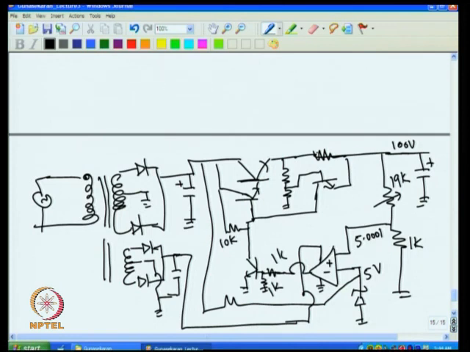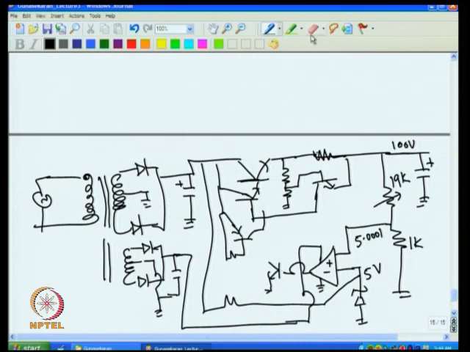For example, I can modify this and get a different circuit for high voltage. I will show you one such modification. What you do is, I remove this circuit. Now I can do one thing: I can put an NPN transistor here, put one resistance here, connect the collector here, then connect this.